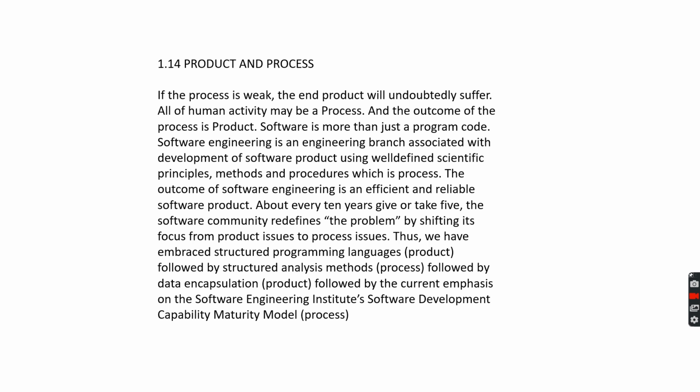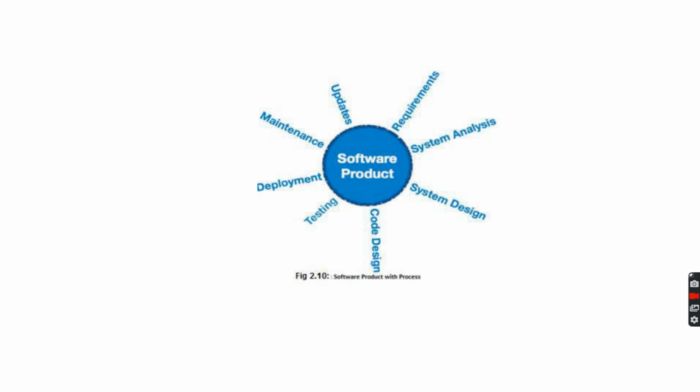Product and process. If the process is weak, the end product will undoubtedly not work. All human activity may be a process, but the outcome of the process should be a product which is useful. Software is more than just program code, and software engineering is an engineering branch associated with the development of software products.